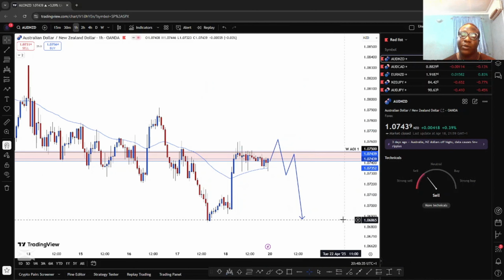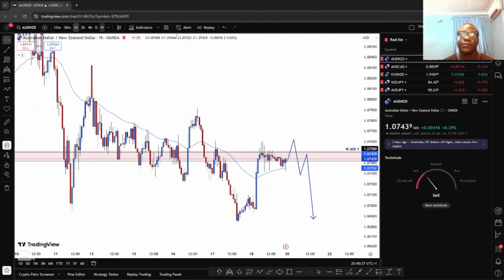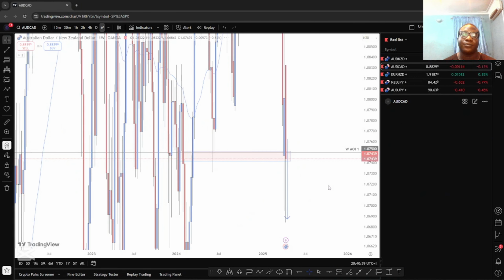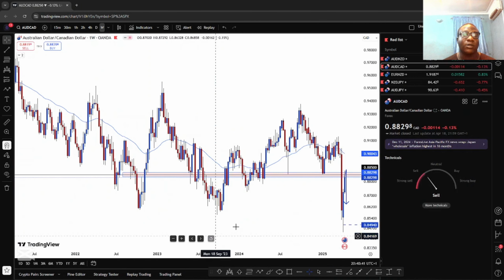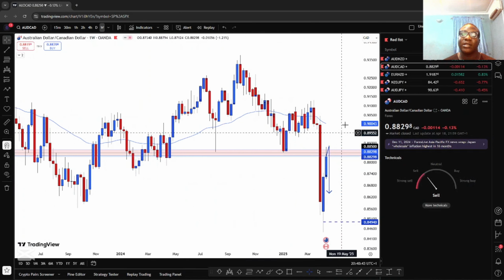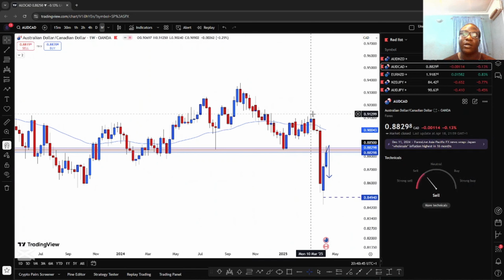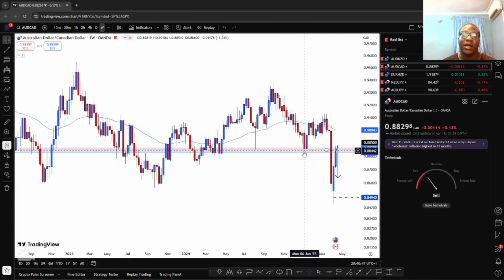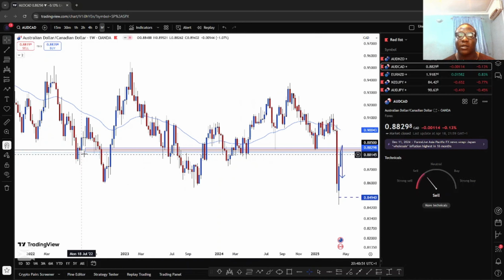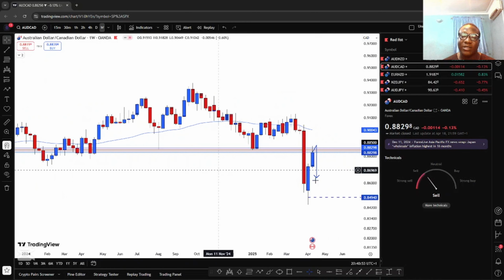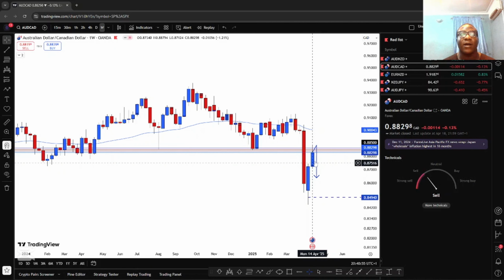The next pair that we have is AUD card. AUD card on the weekly time frame, you can see that the market is currently bearish with the market having this area of interest which has been tested multiple times. If you look to the left, you'll see more touches, and the market is currently at our area of interest and rejecting it.